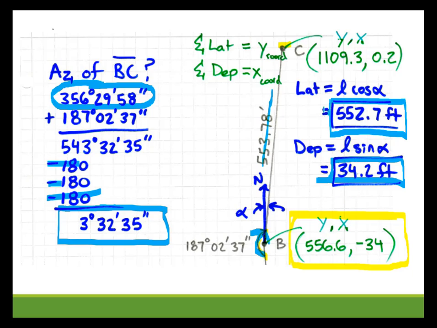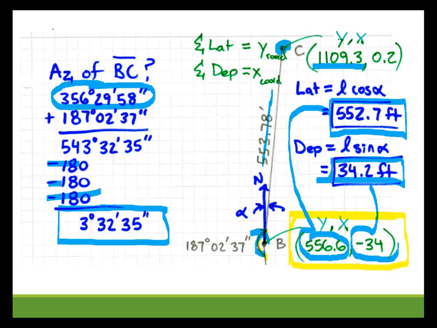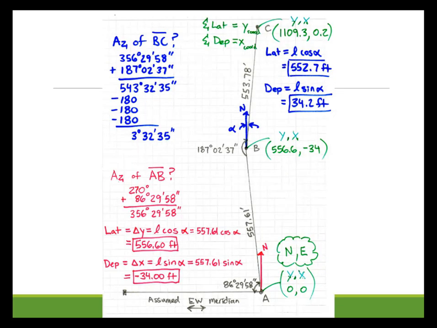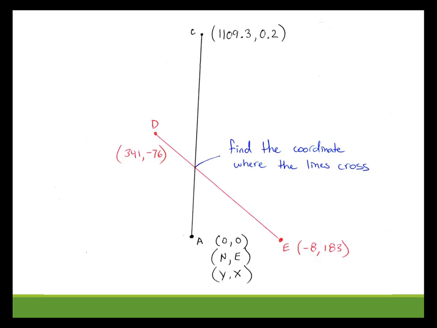When I add the latitude to the prior y coordinate, that gives me the northing of point C. And if I add the departure to the prior x coordinate, that gives me the x coordinate of point C. This is a summation of all the calculation, or the final solution.